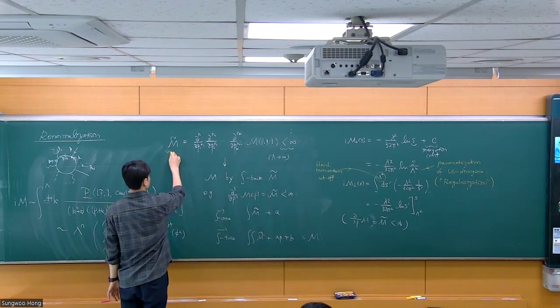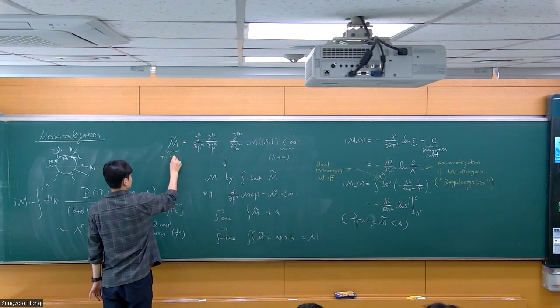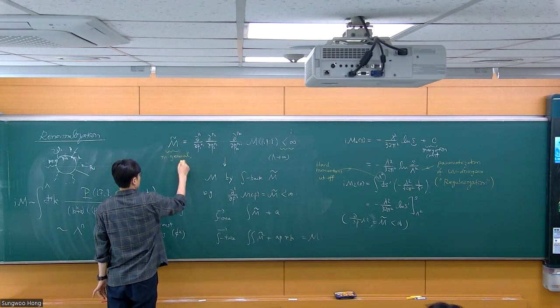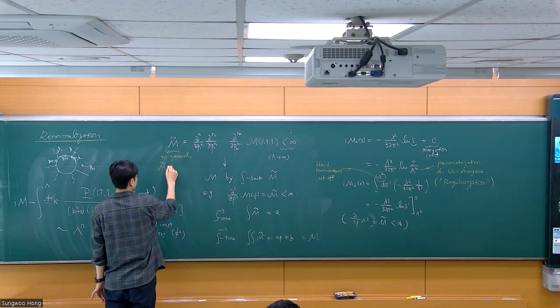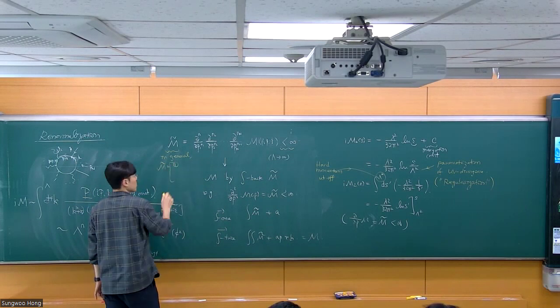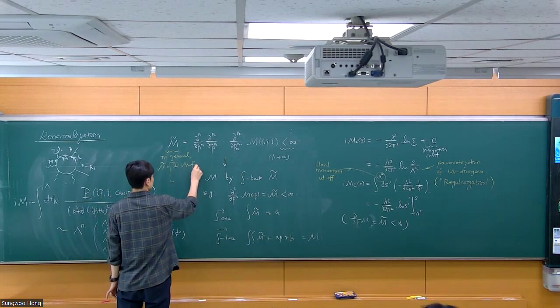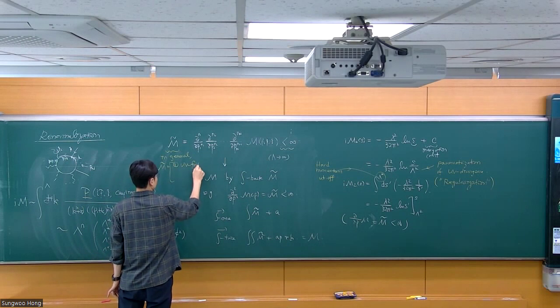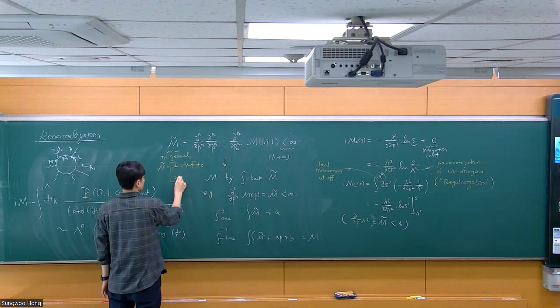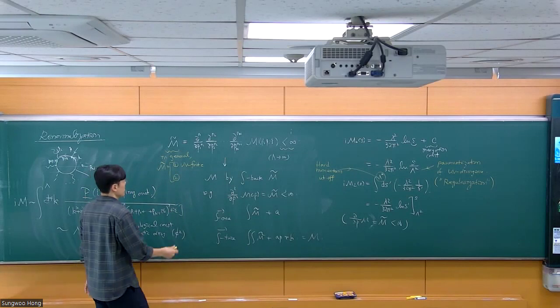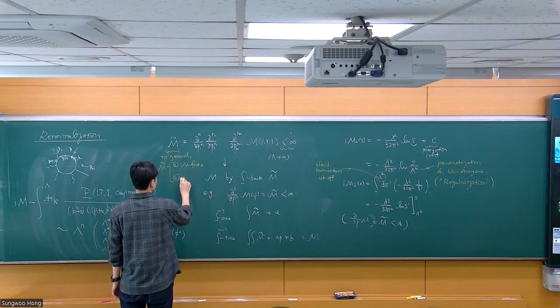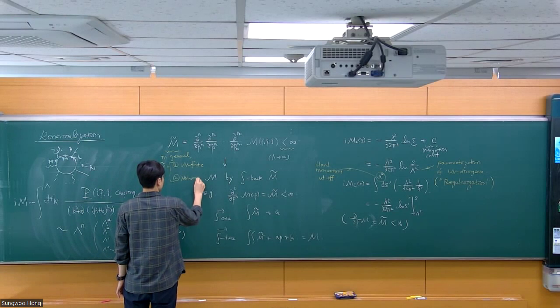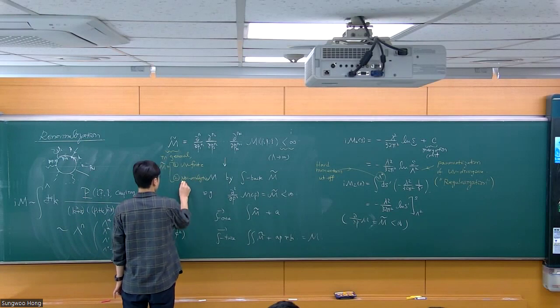this M tilde, in general, has a good part, which is UV finite. But there is a feature, which is not necessarily a bad thing. This is in general a non-analytic function of external momentum.